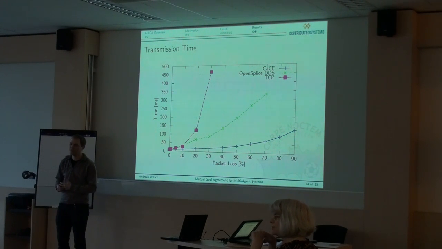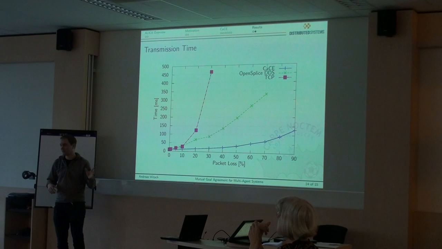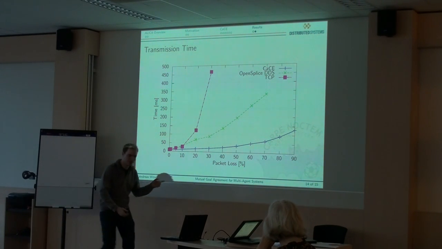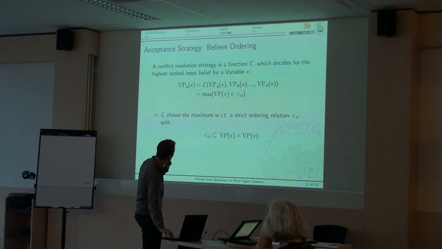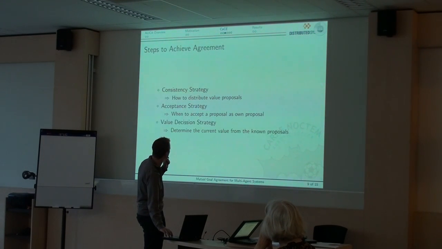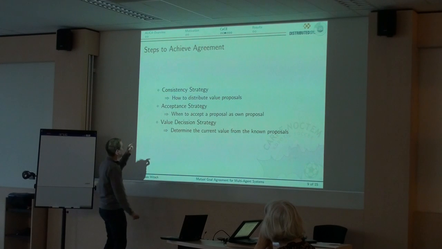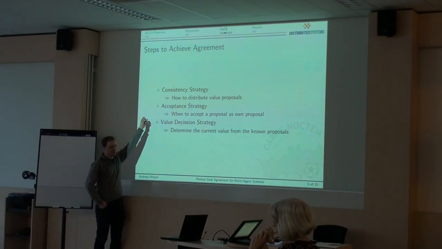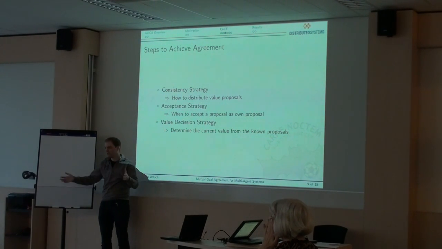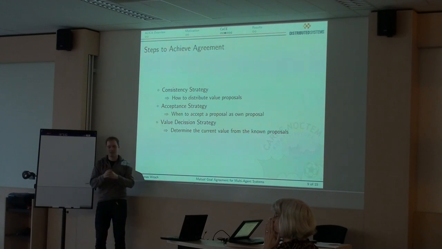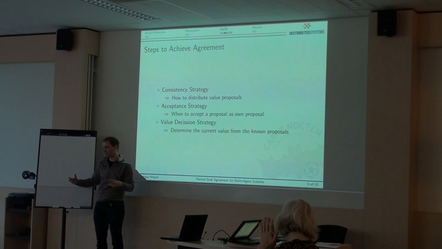So how do you do it? No, it's only one way to do it. So this is the basic idea that you can choose all these three components: how you distribute your proposal, when you accept the proposal, and how you determine the final value.